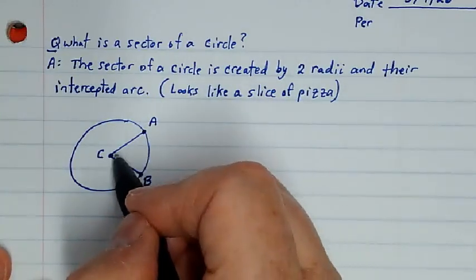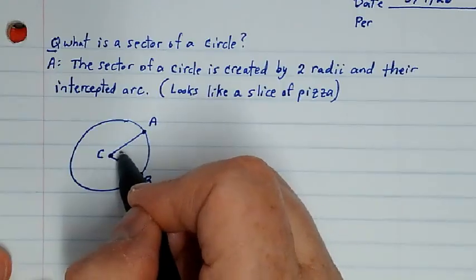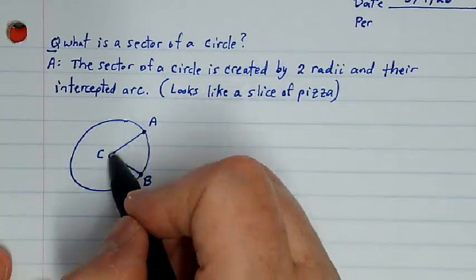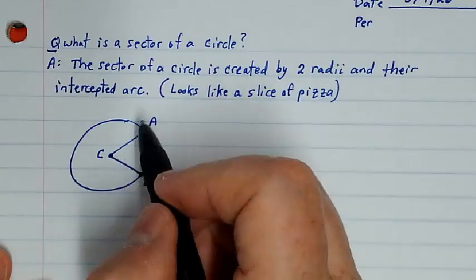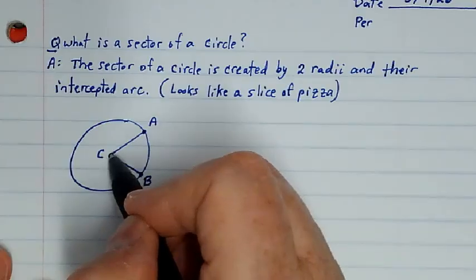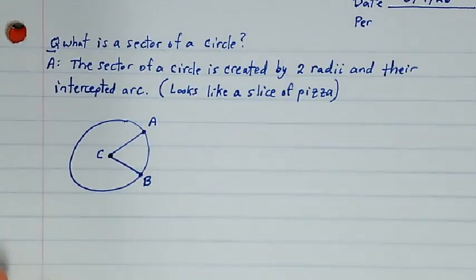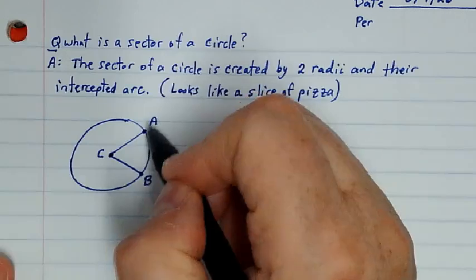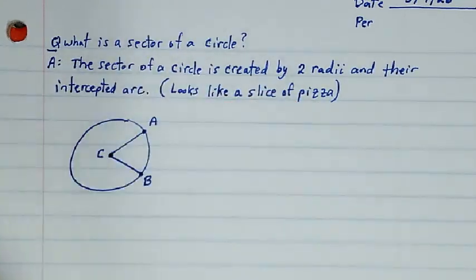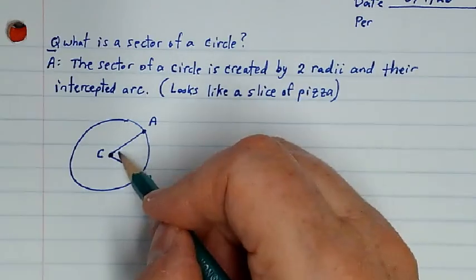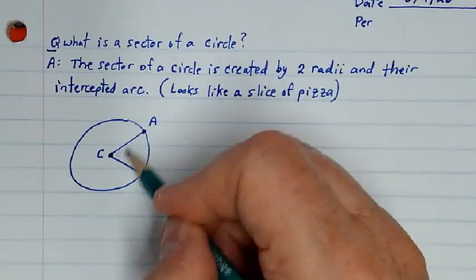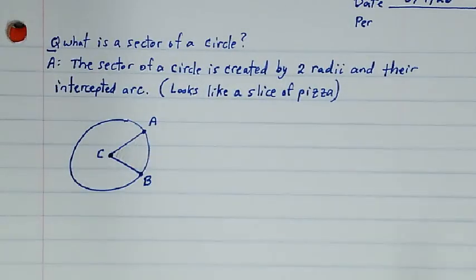Whenever you have a radius and another radius, it creates what they call a central angle. The central angle is created by two radii, where the vertex is at the center of the circle. What happens is you've created this slice of pizza, and that slice of pizza right here is called a sector of a circle.